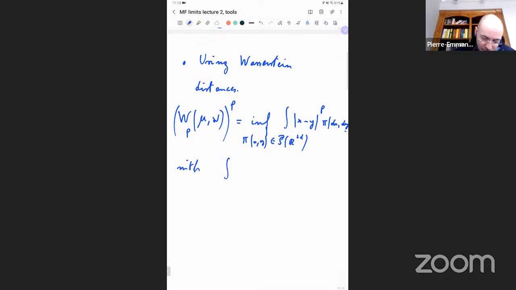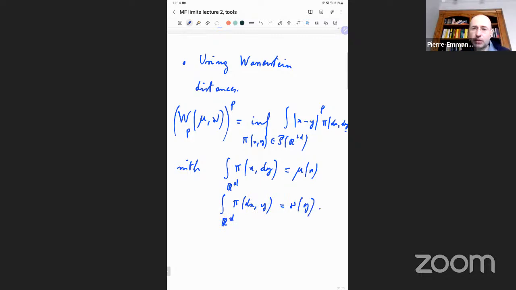And I want the transference plan to have the right marginals. So I want that if I integrate pi with respect to y, then I have mu of x. And if I integrate it with respect to x, I have nu of y, right?